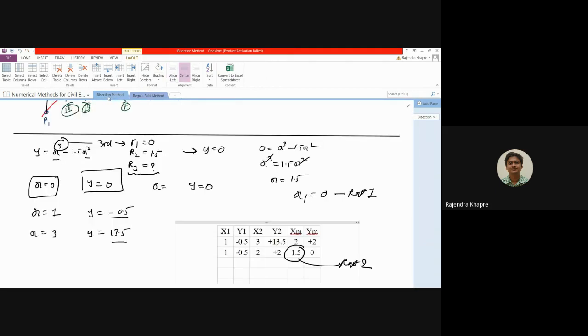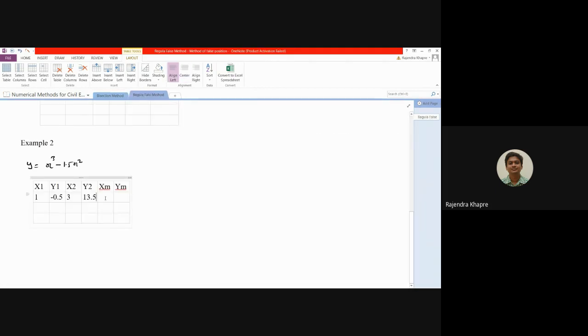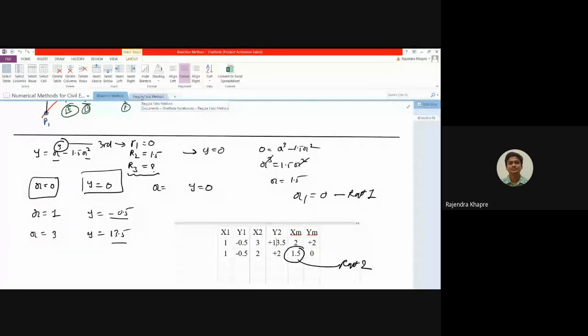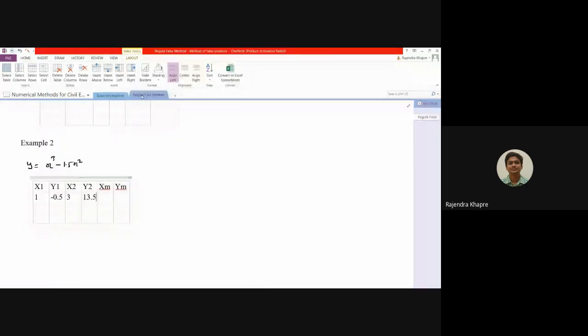In the bisection method we were lucky because the exact solution was, I think, 2. In just 2 cycles we were able to get the solution, but that was pure luck. Ideally it should take more iterations.